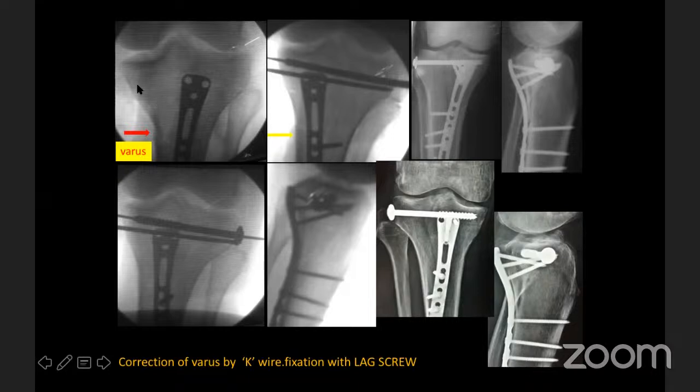You can just put a joystick half wire and correct it by a 2.5 mm wire. Once you correct it, drive this wire into the lateral condyle. It will maintain the correction. Then pass one more guide wire subchondrally, put a screw from lateral to medial side, 32mm thread. So it will cross the fracture zone, compress it nicely, then put the rest of the screws in a locking fashion. It will be absolutely perfect anatomy restoration.